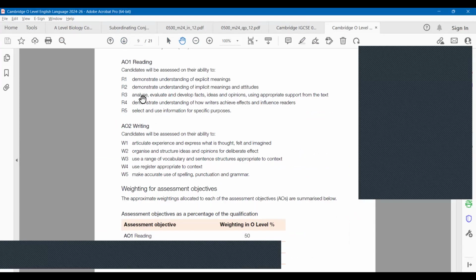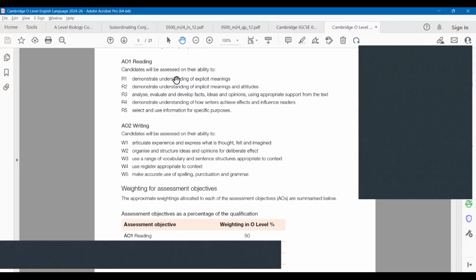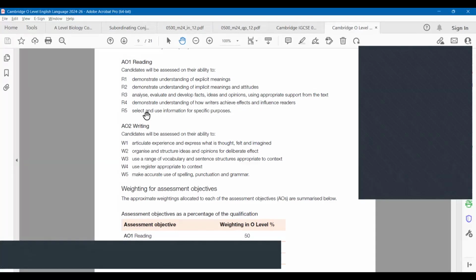I've mentioned the explicit meaning for your reading paper and for any task that involves reading. These are the kind of things that may be tested. It varies from question to question. So there's explicit meaning, there's implicit meaning, which I talked about, there's analysis and evaluation, which I talked about, there's writer's meaning and effect, and there's selection and use of information for specific purposes.